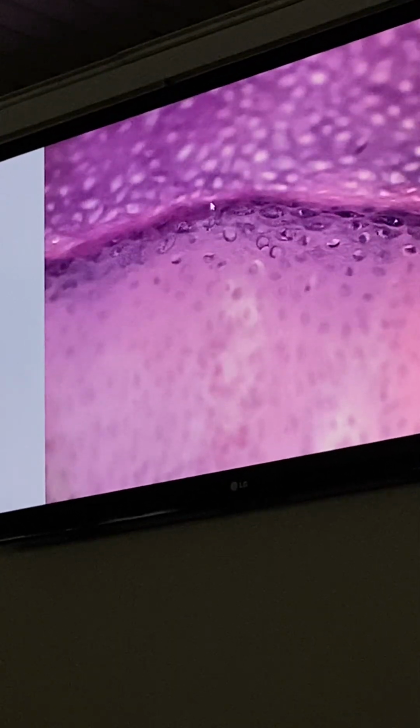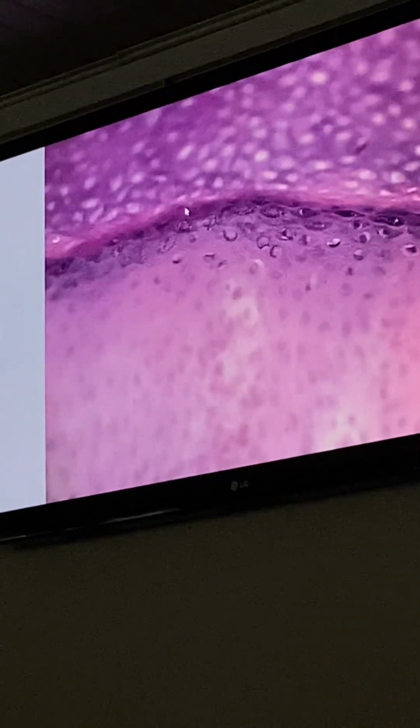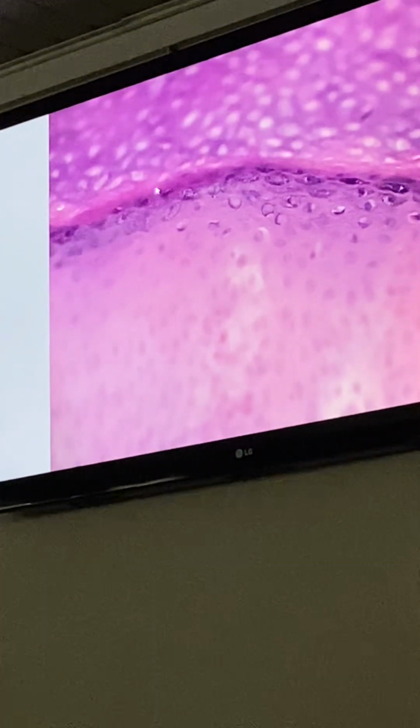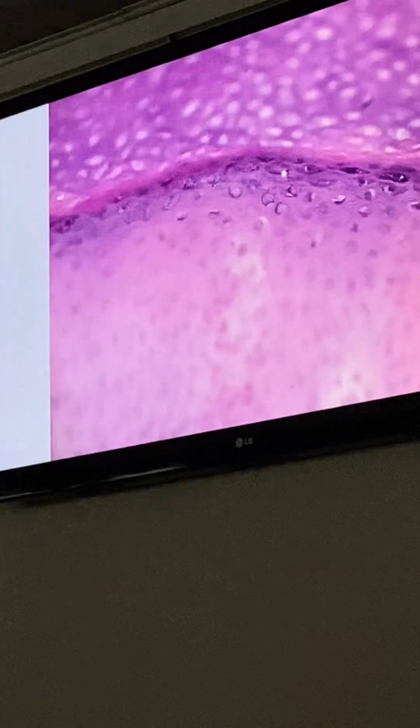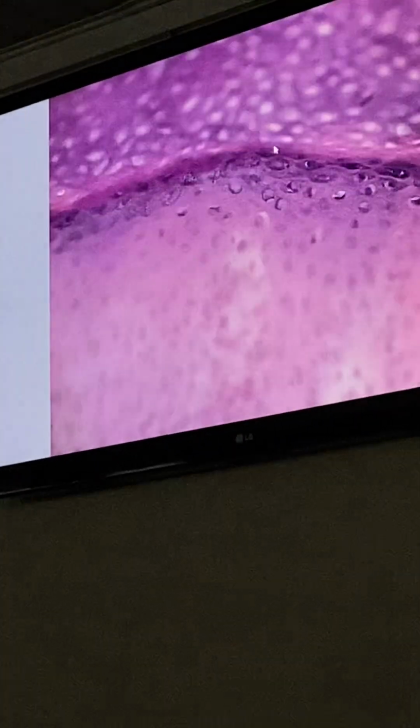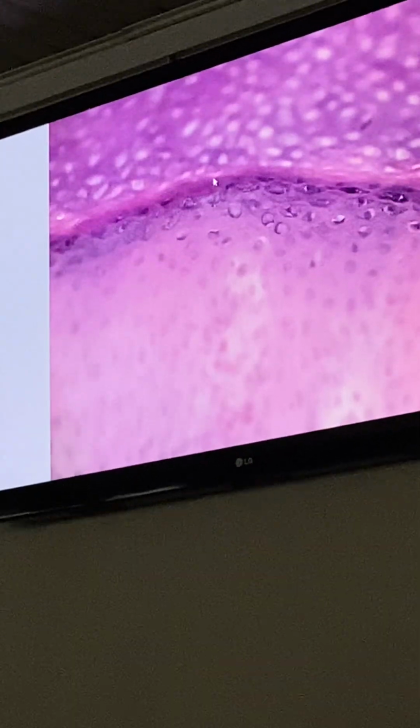While this layer is stratum lucidum, found only in the thick skin. It is lost in the thin skin. This is the granulosum layer, and this is the lucidum layer, stratum lucidum.